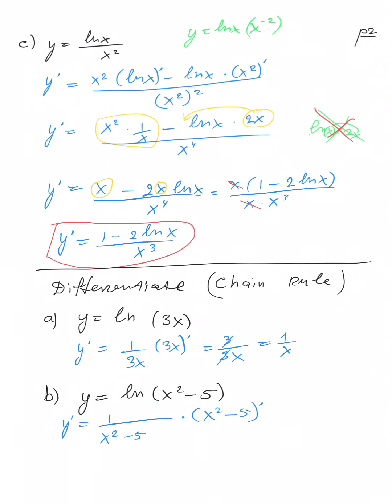I'm doing the numerator here: the derivative of x squared minus 5 is 2x, and the denominator is just a copy, x squared minus 5. And that's all you can do. That's our final answer. You cannot cancel x's here because you don't have x in another term.